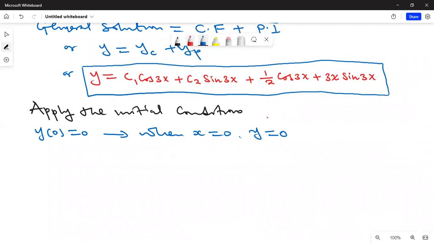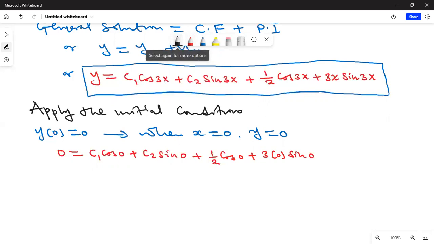We are going to get 0 is equal to C1 cos 0 plus C2 sine 0 plus 1 over 2 cos 0 plus 3 times 0 sine 0.